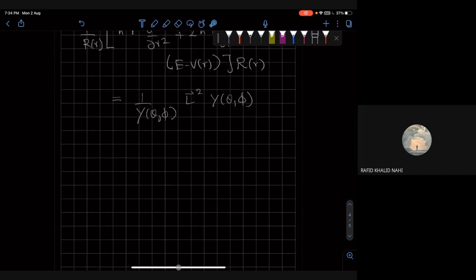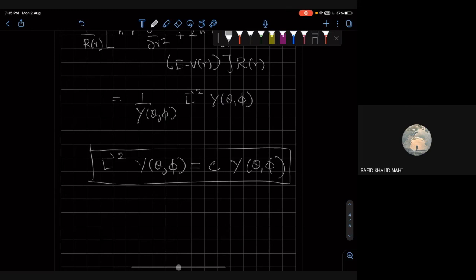In other words, this thing is a constant. But of course, what is this? If I ignore this, this is just L squared acting on this. So if this is constant, then we are looking at the equation: some constant times Y of theta, phi. So have we seen this equation before?